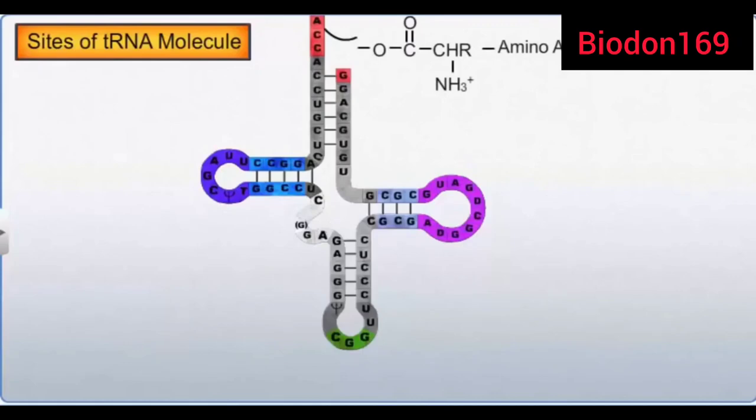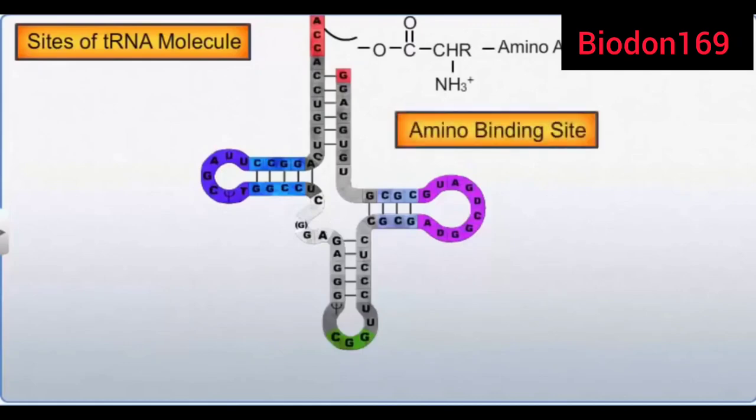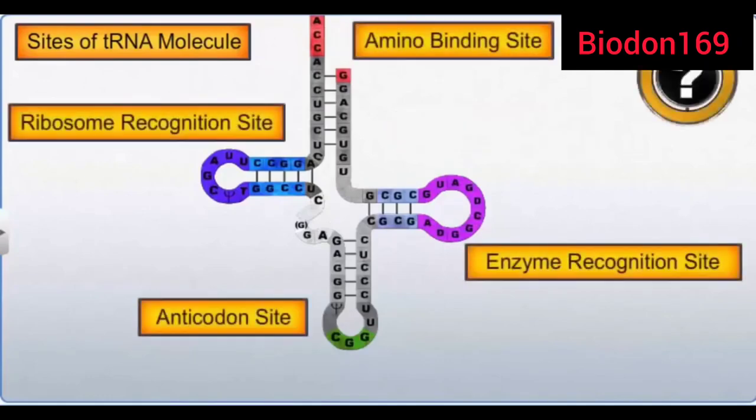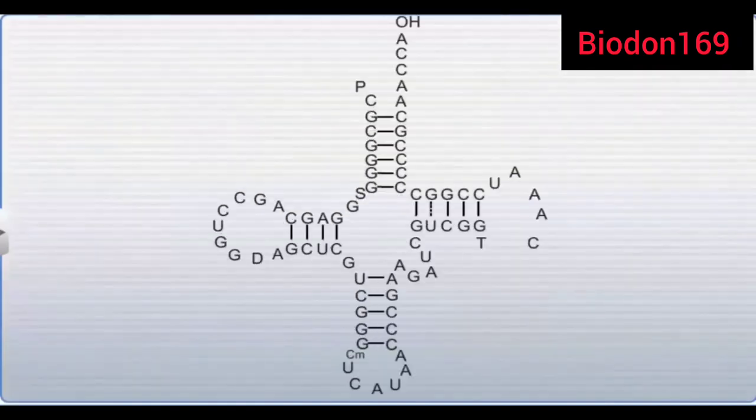Did you know that there is a specific tRNA for each of the 20 amino acids found in the human body? Also, there is a specific tRNA called initiator tRNA, which initiates the process of protein synthesis.